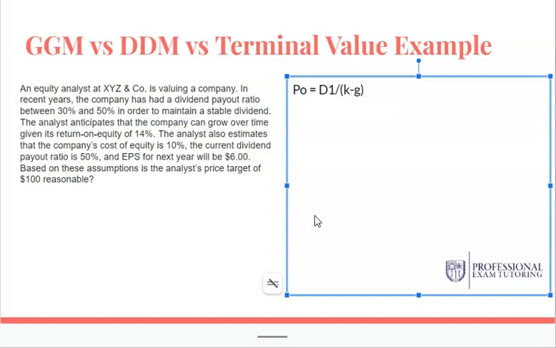One other thing to note that's very unique to this exam is when they ask us to calculate the price target, that is defined on the 86 as a price that is 12 months from the present time. That's really important to know because there's a couple ways to go about calculating that. One way is to solve for P0, which remember is the present value of the price per share, or the intrinsic value per share.